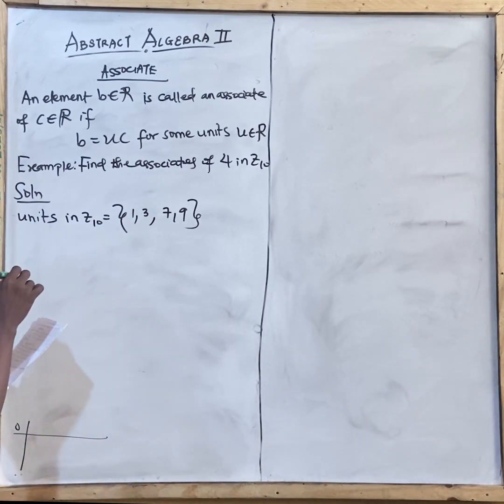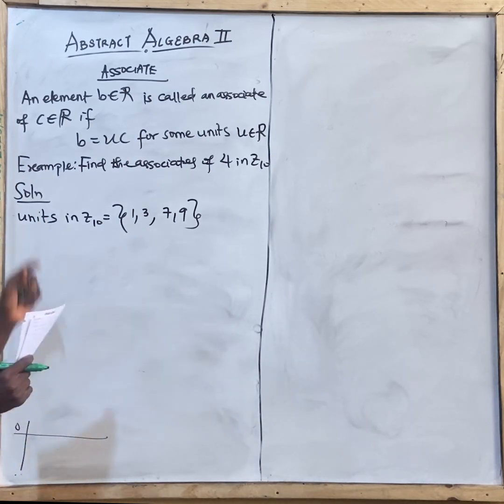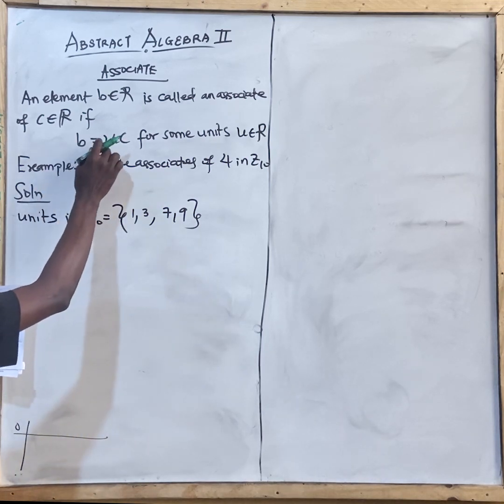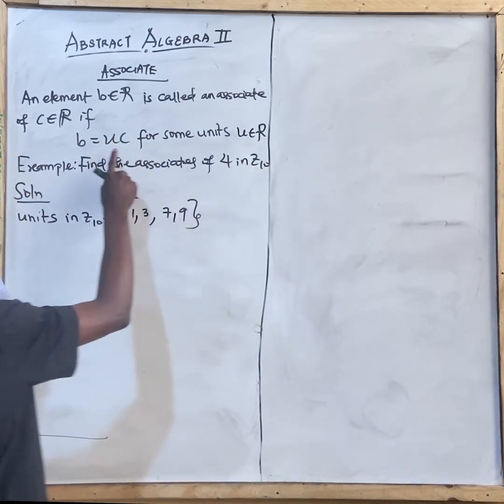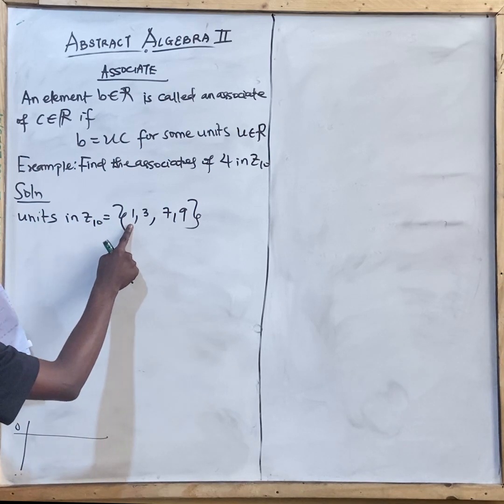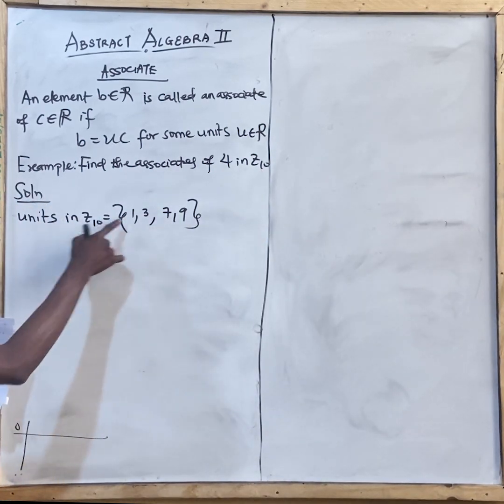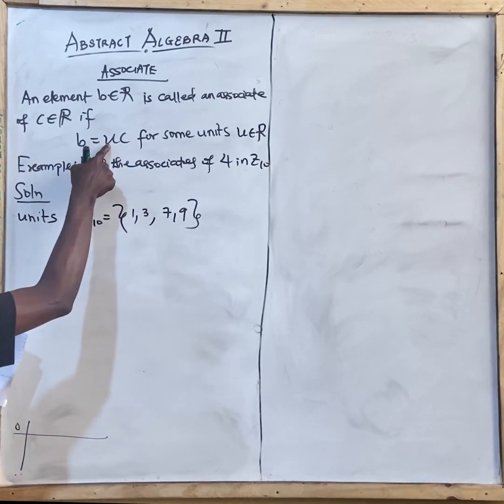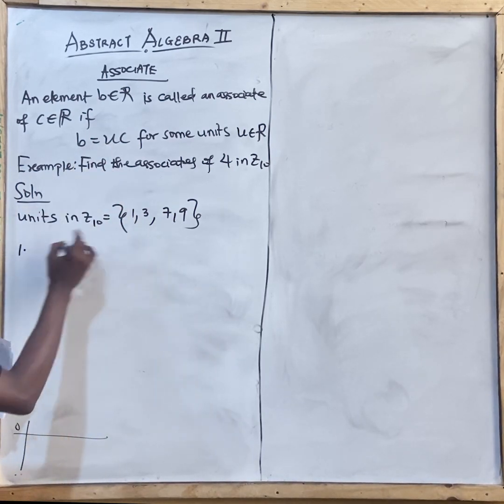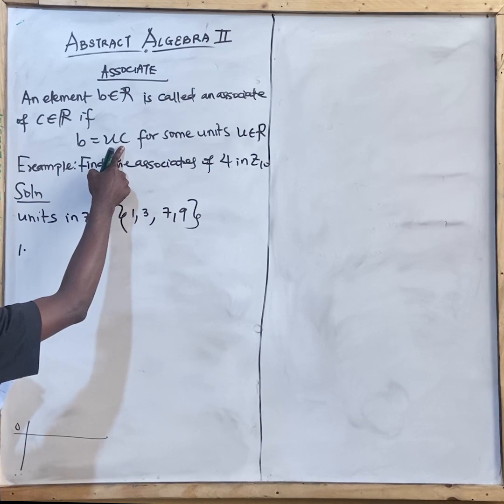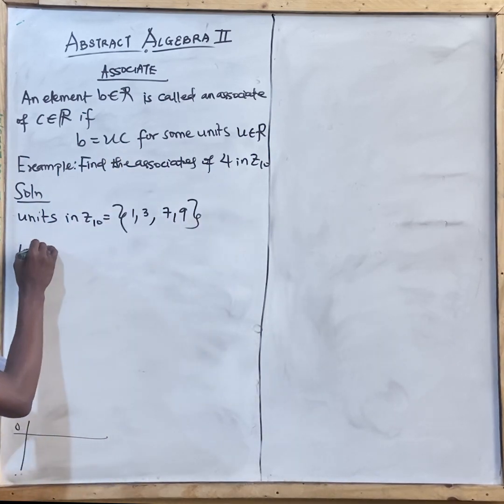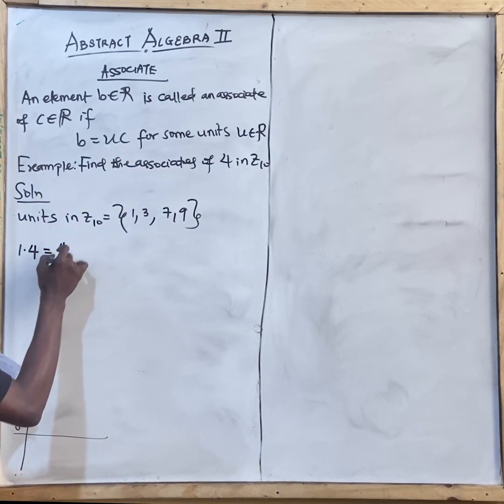Then what we now do is we follow this instruction, that is B equals UC for some unit in R. So now that we have found the units, we are looking for the associates of 4 in Z10. So we start by saying 1, which is my unit U, times my C, that's 4. 1 times 4 will give me 4.